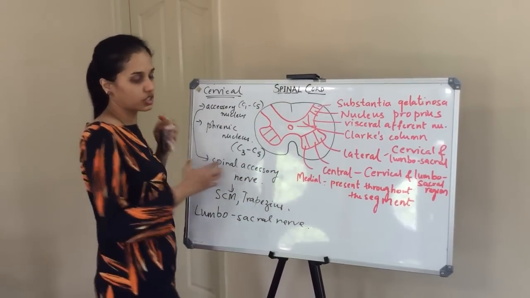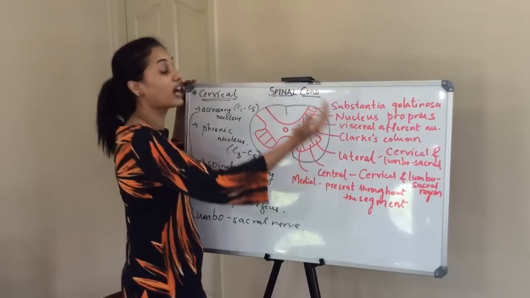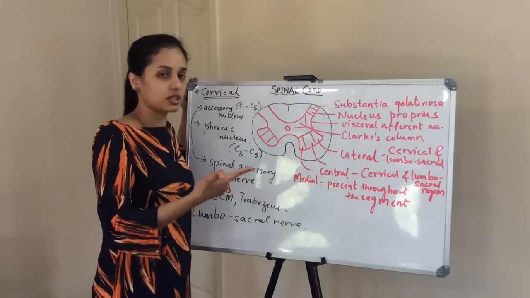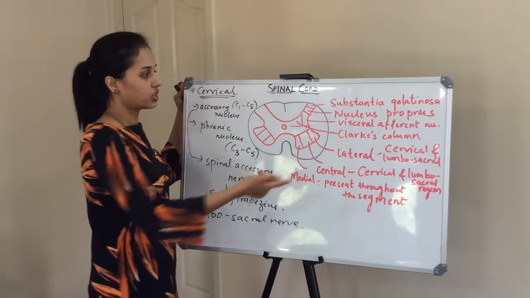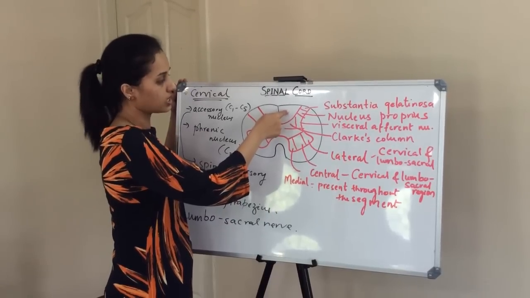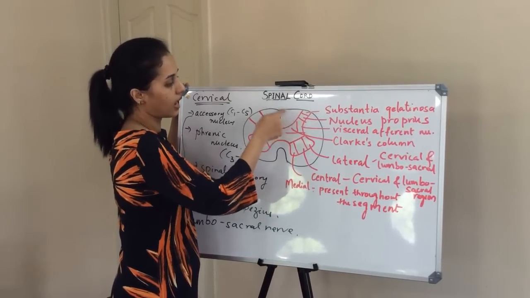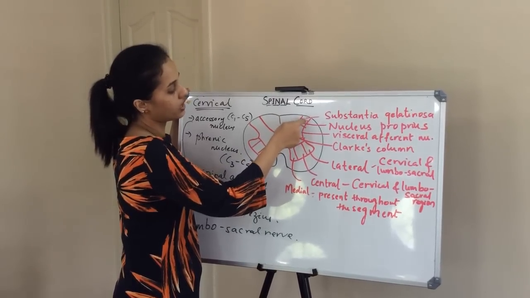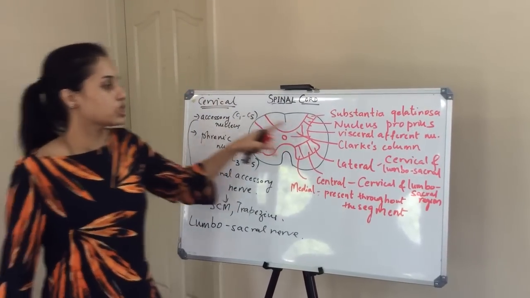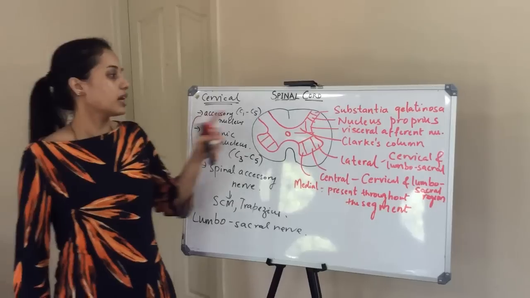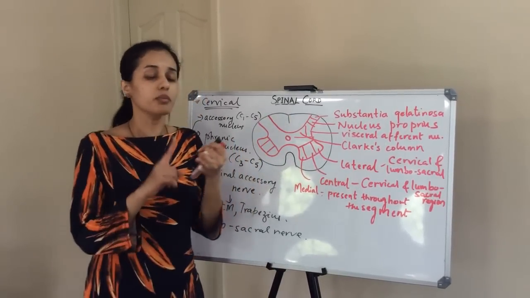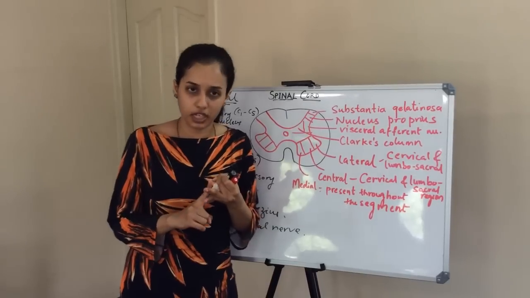The fibers carrying these sensations come through the posterior root to the posterior white column or funiculus, and from there they synapse with the cell bodies present in the nucleus proprius area.